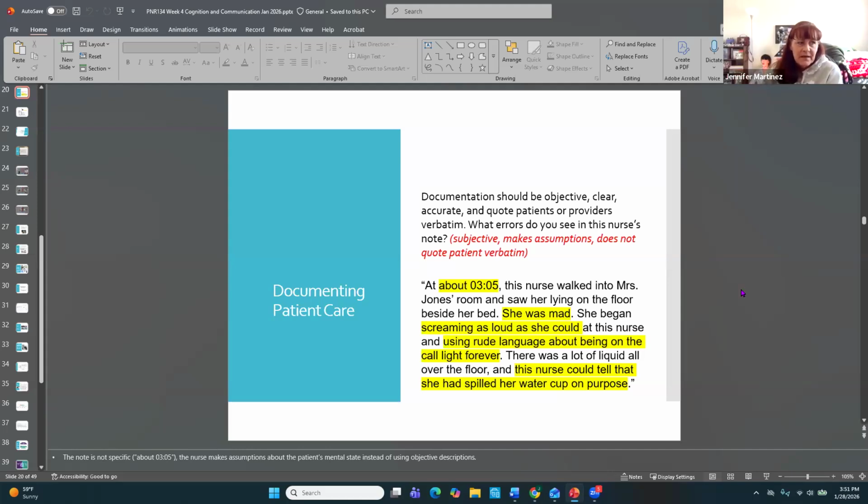Using rude language about being on the call late forever, right? So again, not specific, right? We want to be as specific as possible. And like you said, this nurse could tell that she had spilled her water cup on purpose. You can't tell, right? Did the cup tell you that she spilled it on purpose? Did the little floor say, I watched her, she spilled it? So good job.